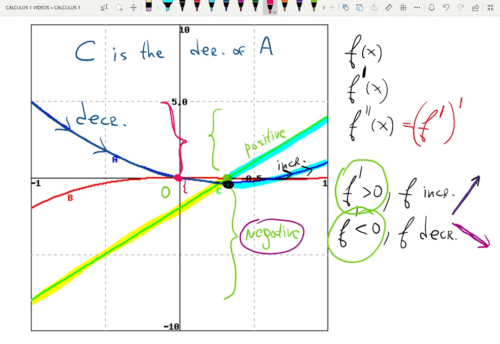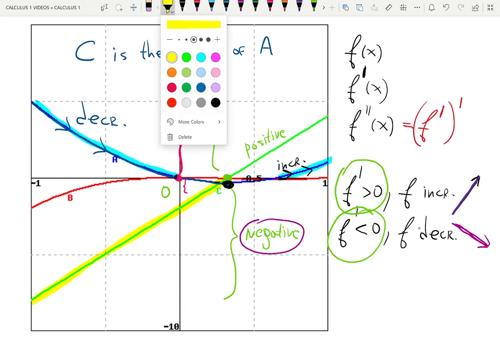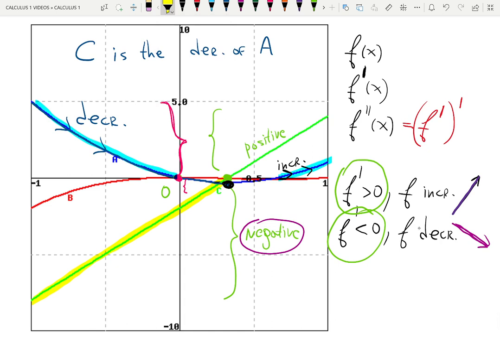Let me just erase the highlighter and use it again. So positive because it's above the ground. Then it dives down below the x-axis and gets out of it again later. So let me highlight. In blue, the curve A is positive, and in yellow, it is negative because it's below the ground.